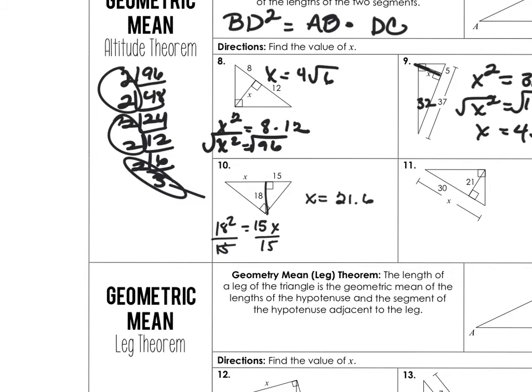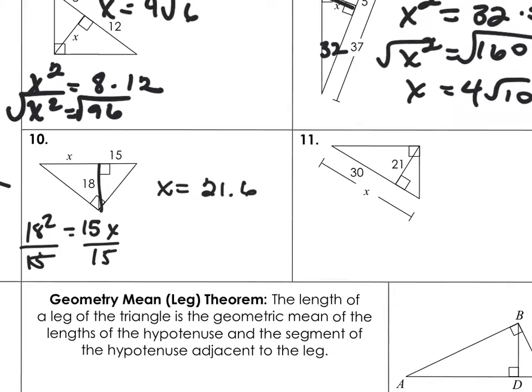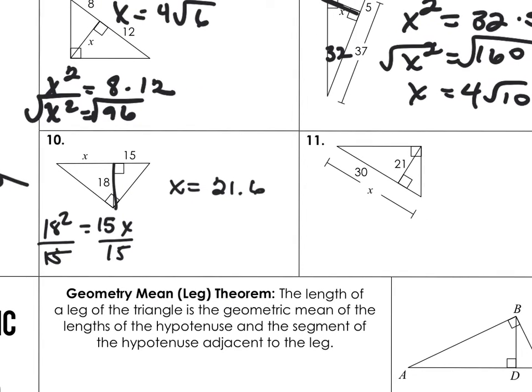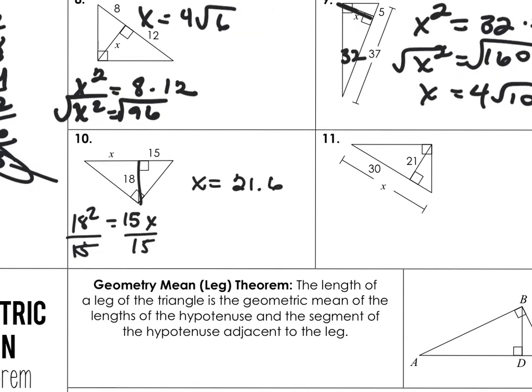So the next one, there are multiple ways to do this. I'm going to start doing it one way, and then we can talk about it another way. We're going to square 21, and then the whole thing is x. One of the segments is 30. I don't know the other one, but it could be x minus 30.